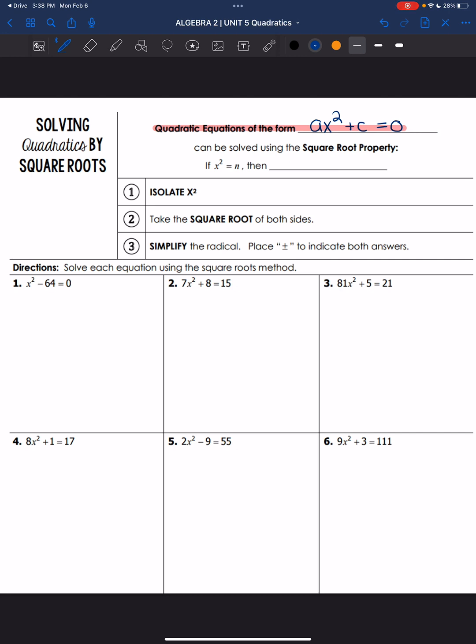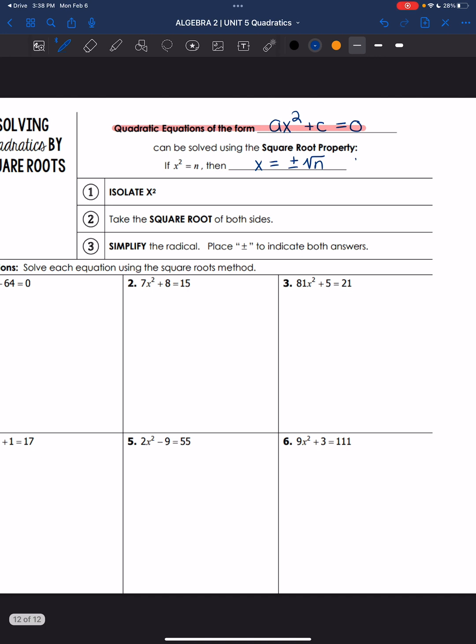If we have x squared equals n, then x is going to equal both the positive and negative square root of n. Because think this through with me for a minute. If we were to take x squared equals n, how would we get x by itself? Well, we would be taking the square root of both sides.